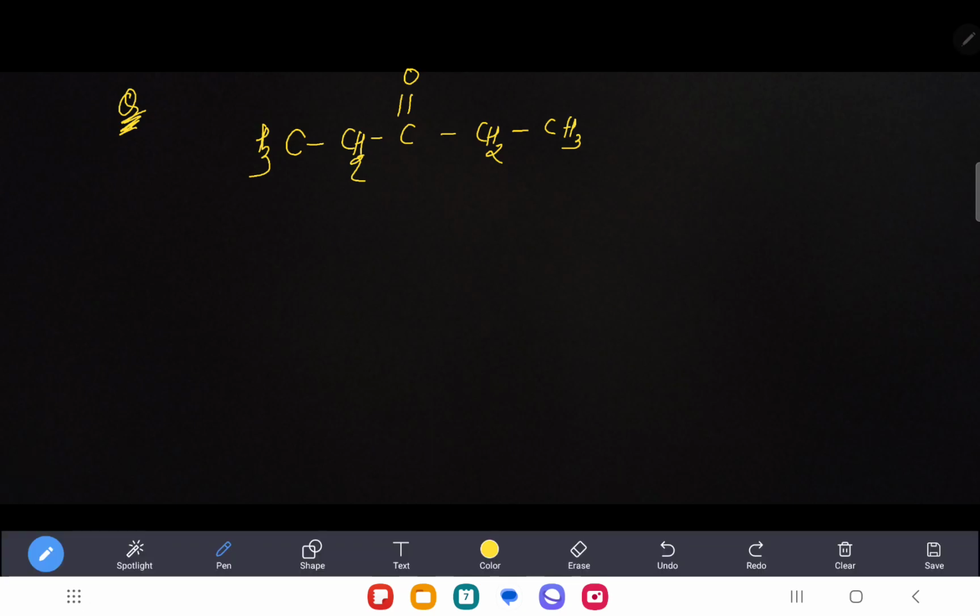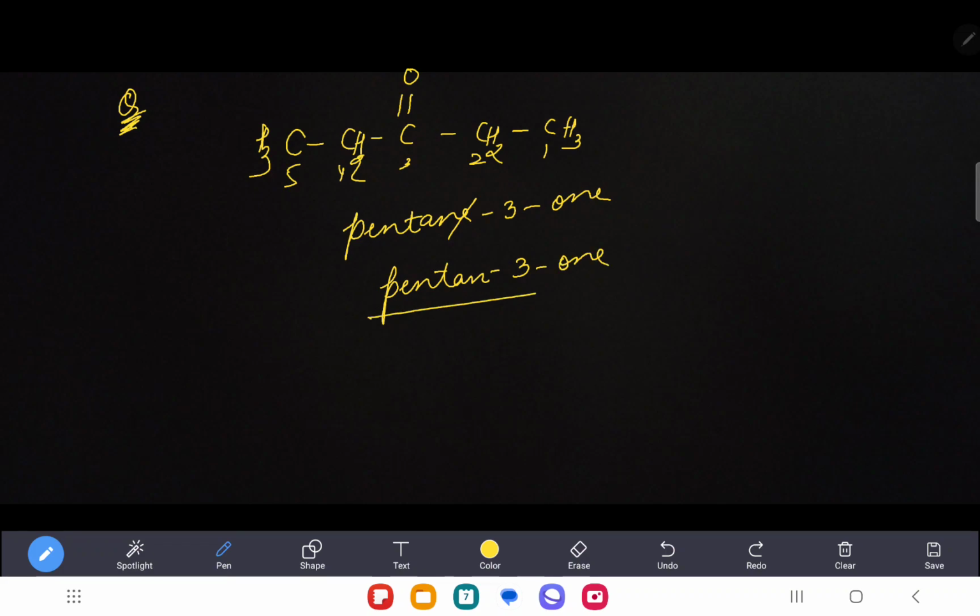Pentan-3-one. Correct. So it shall be pent for the five carbons, and pentane, ane because there is a single bond between the carbons, and we have the functional group at three, and you drop this E. So what do you get? Pentan-3-one.